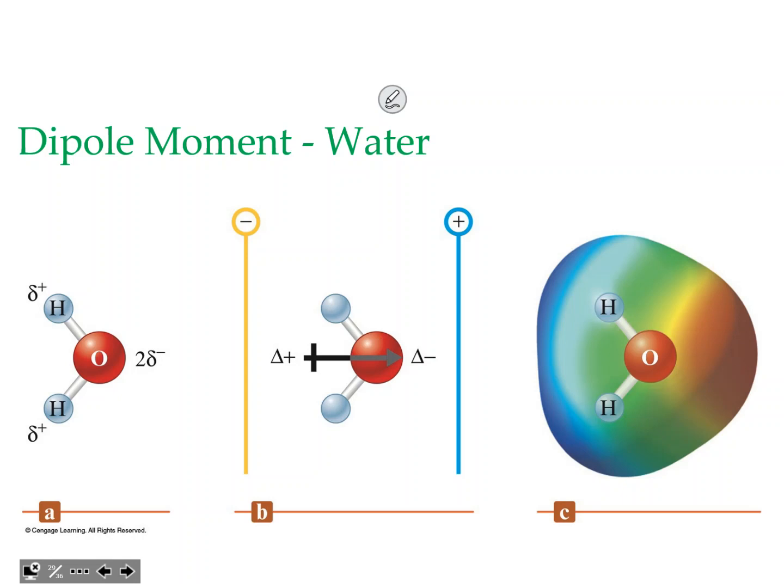So the arrow points from the positive to the negative side, as shown in this particular diagram. So if I was drawing it, say, into the electron density, I would also draw it this way, like so. This is going to be the partial negative. This side would be the partial positive side.